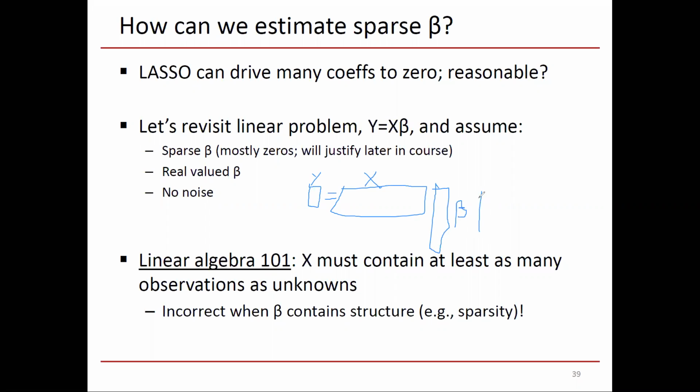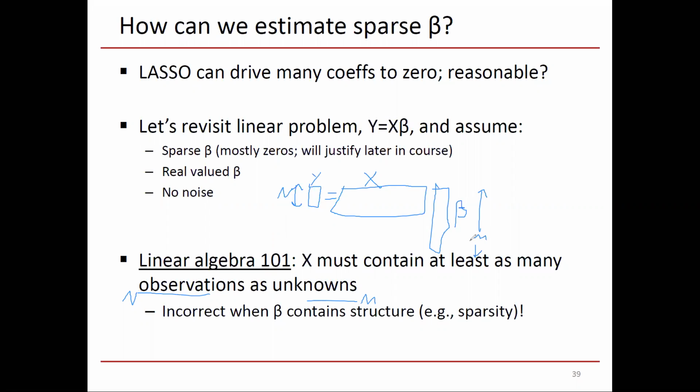And here, beta perhaps is of length m, and y is of length n. The number of observations is n, and the number of unknowns is m. And you could flip the notation. I'm just trying to say that linear algebra tells us that the number of observations n must be at least as large as the number of unknowns m.